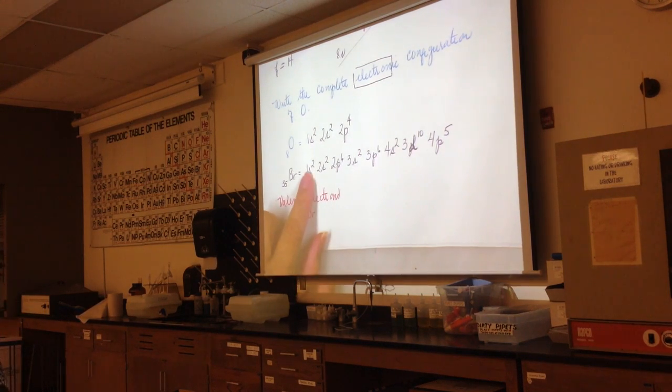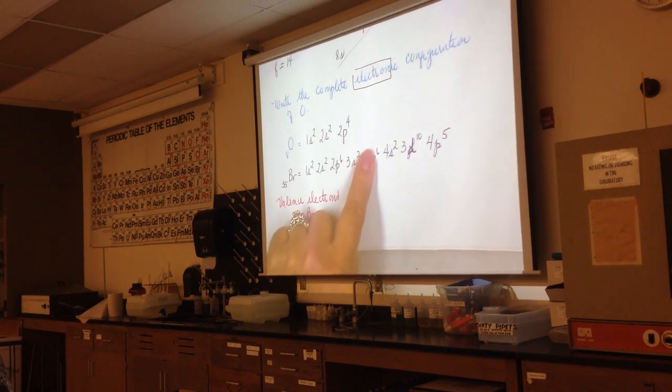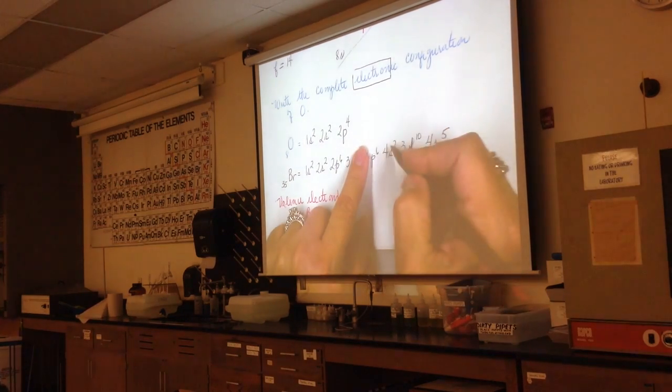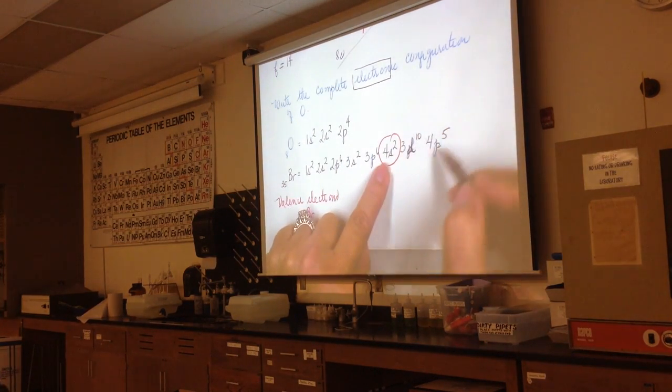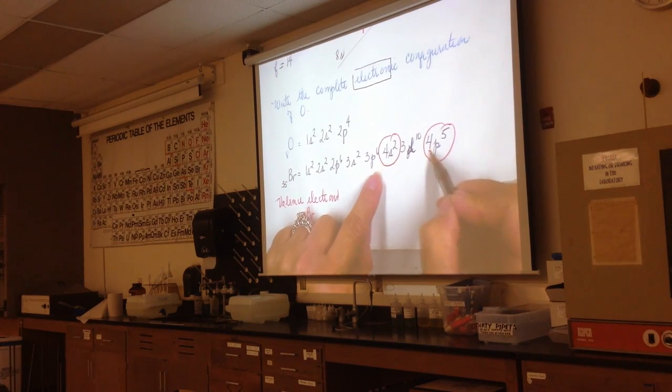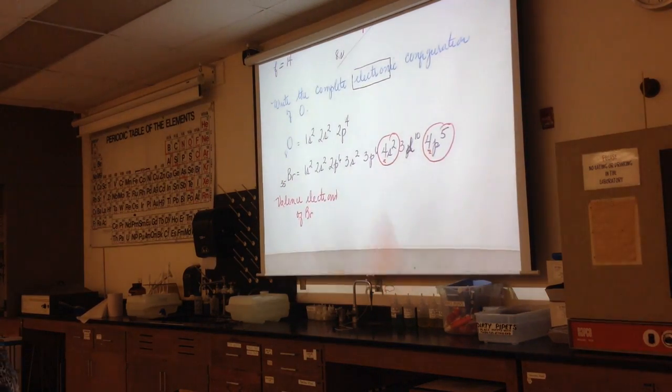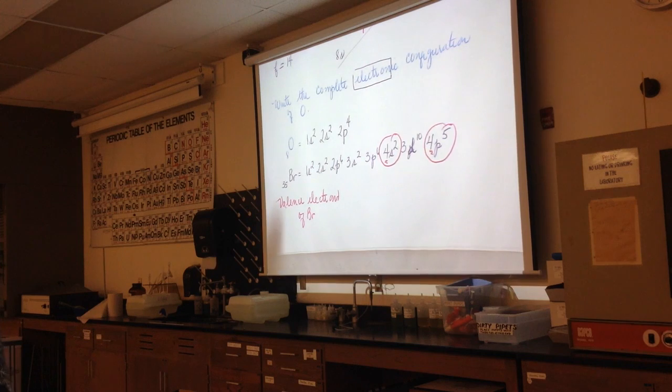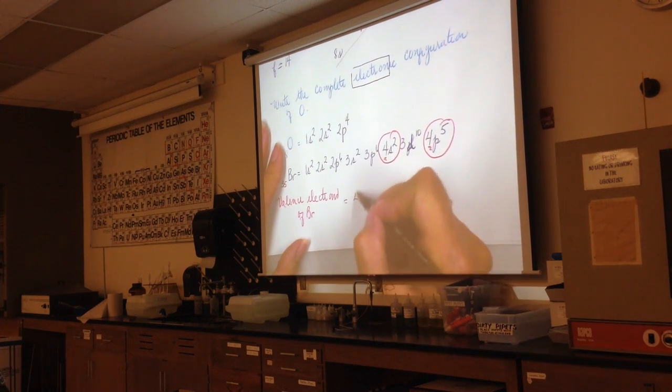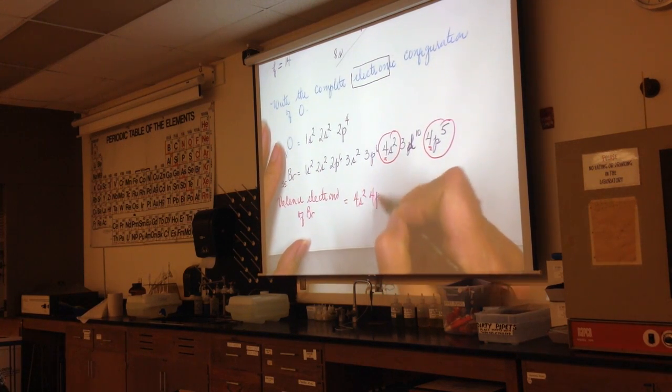Okay, well, 1 isn't it, 2 isn't it, 3 isn't it. So 4 are the outermost. So the valence electron configuration of bromine is 4s2, 4p5.